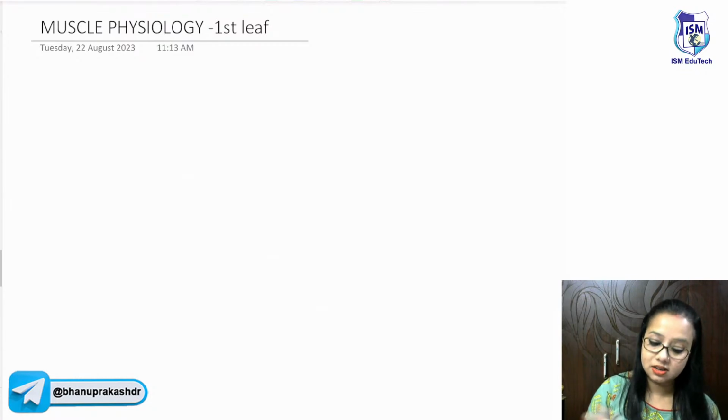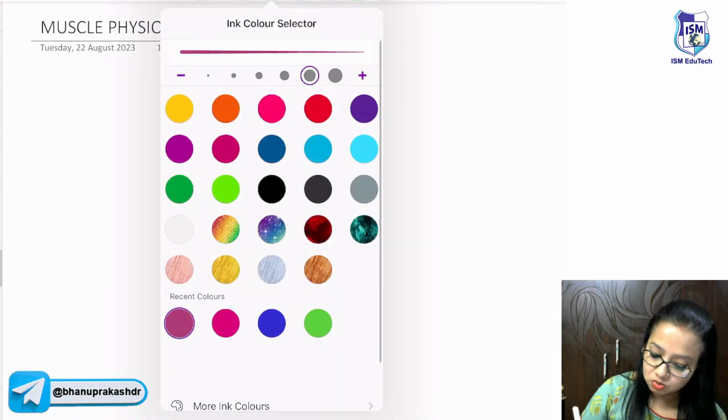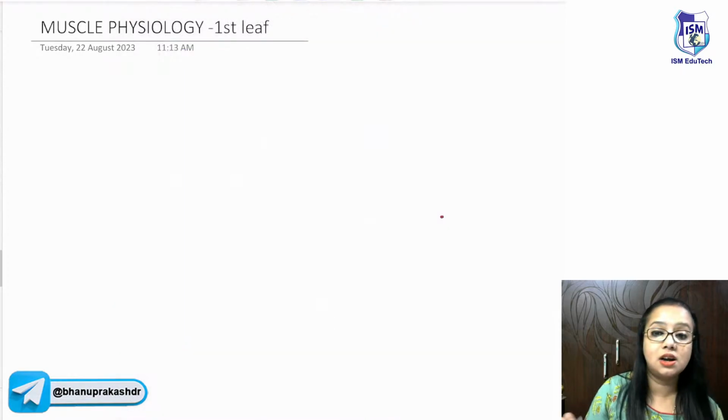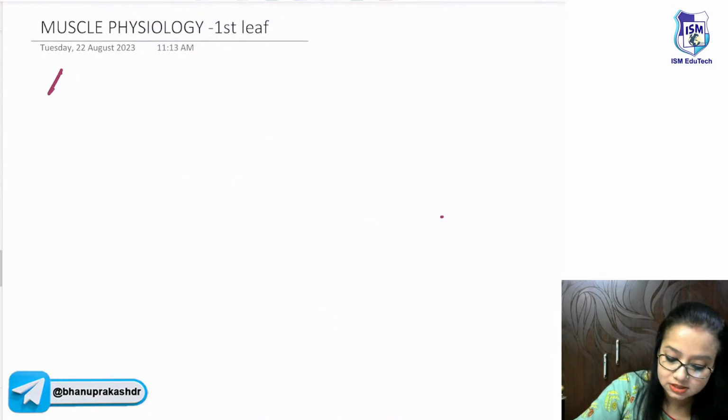So there are more than one type of muscle in our body. What are the muscles of the body?